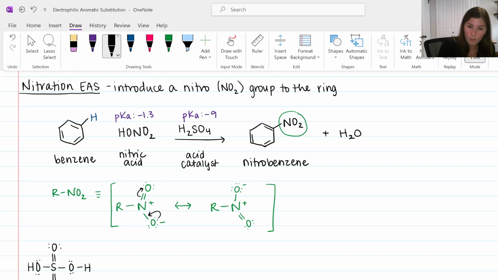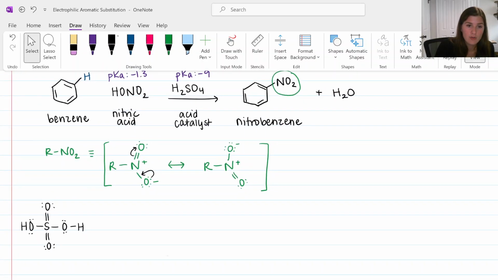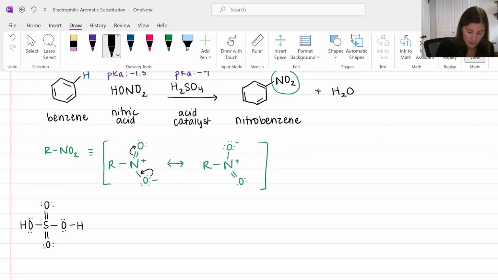I'm showing one of the bonds from oxygen to a hydrogen, because that is the acidic proton. So when this is in the presence of nitric acid, we draw out that Lewis structure. It looks like this.